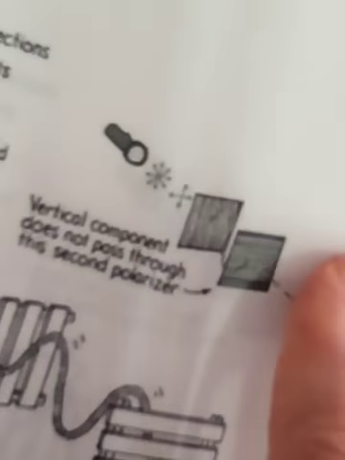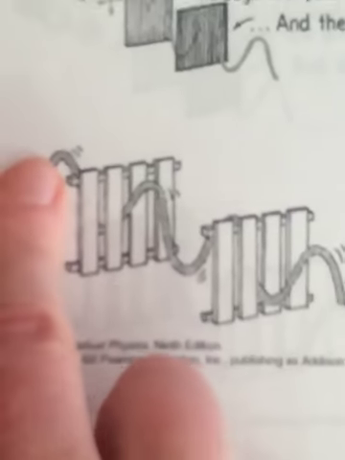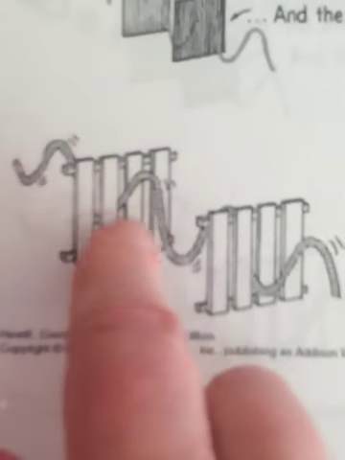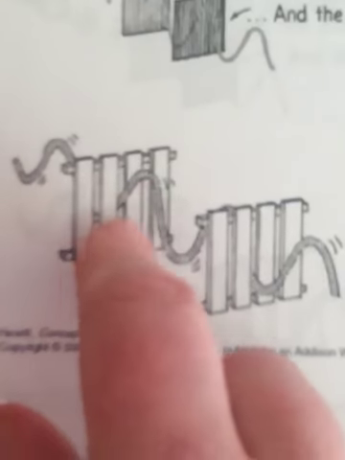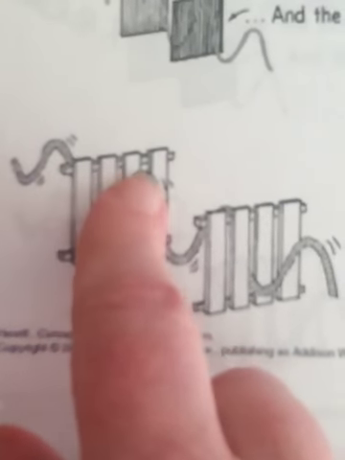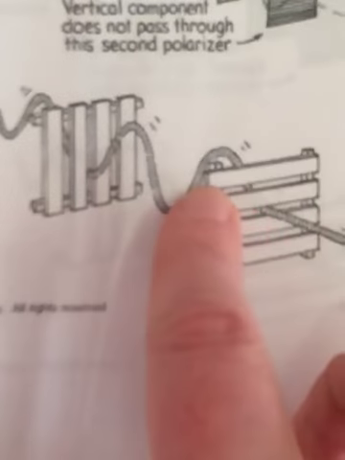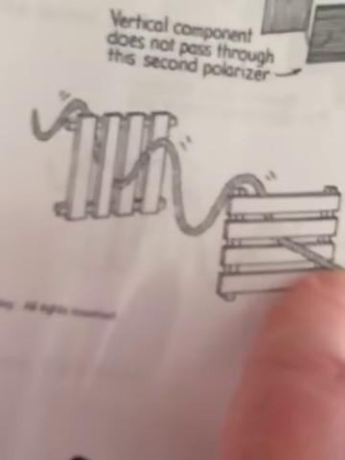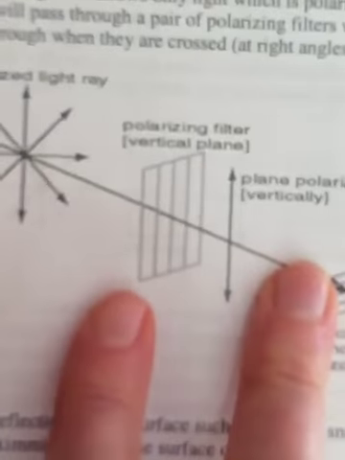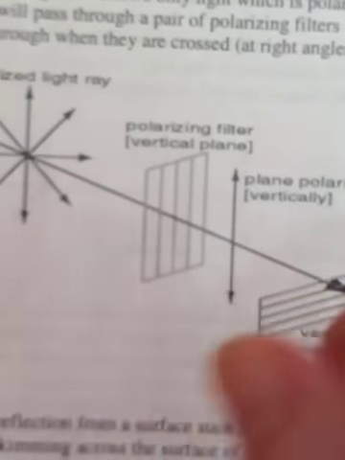But if you turn that filter around so the slits are opposite, nothing comes through. And it's like trying to send a wave on a rope through a thing with slats in it, with openings in it, right? If the two openings are in the same direction, the wave will go through. But if you turn one of them around, it blocks the wave. Okay, so that is polarization, and that is the end of the Physics 11 course.